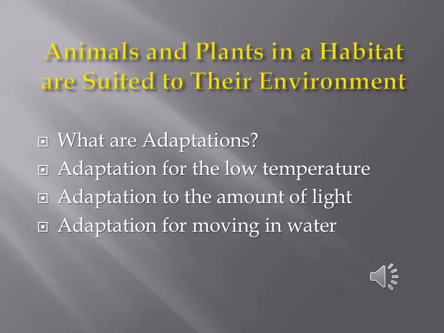Now we move toward our next topic: adaptation to the amount of light. While some animals are active during the day, others are active at night. Some of these animals, such as cats and owls, have large eyes which are sensitive to small amounts of light.